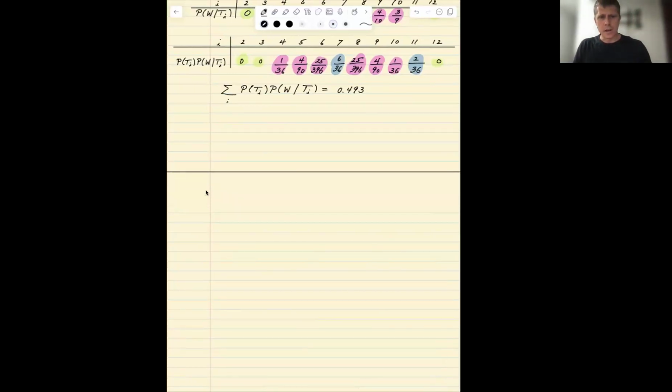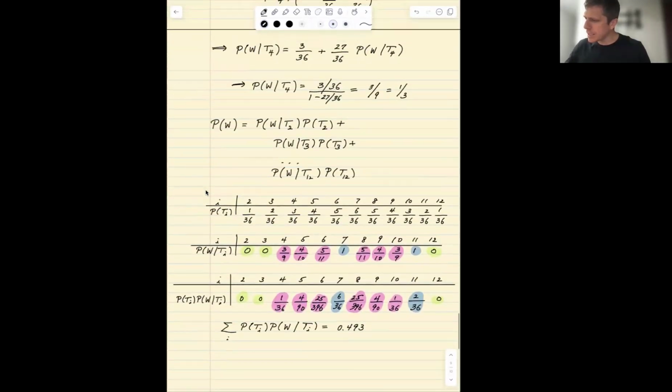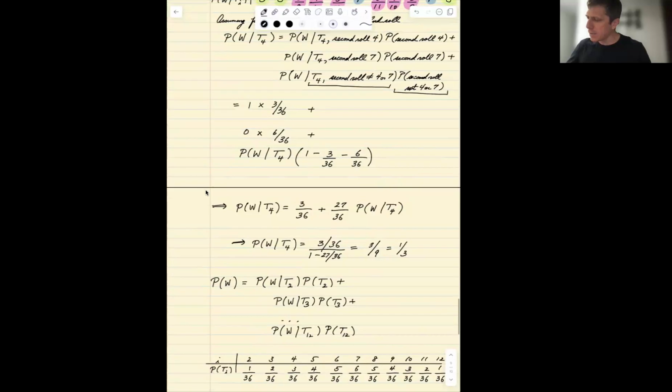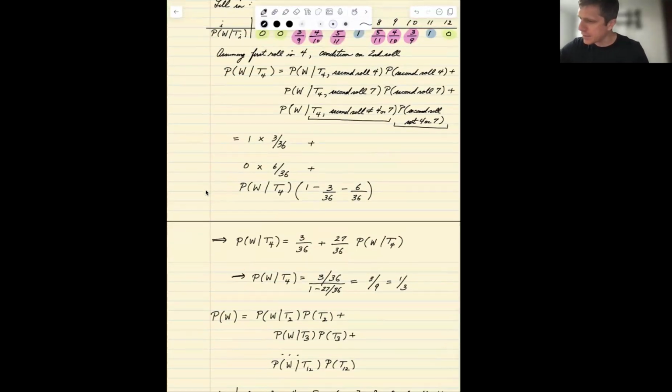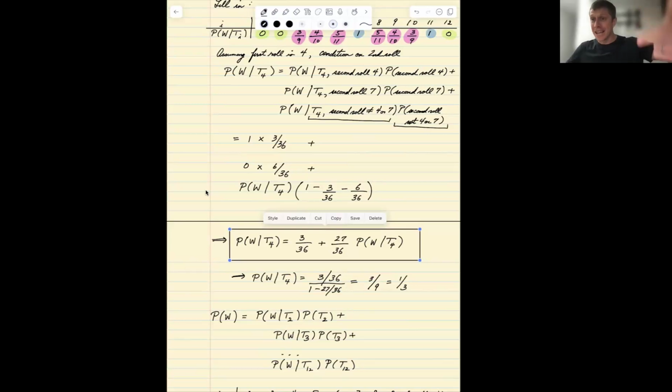Let's summarize this, though. There was something we did here that was a little bit out of the blue, in setting up this expression right here. We had to make some assumptions because we had to condition on the result of the second roll, not just the first.